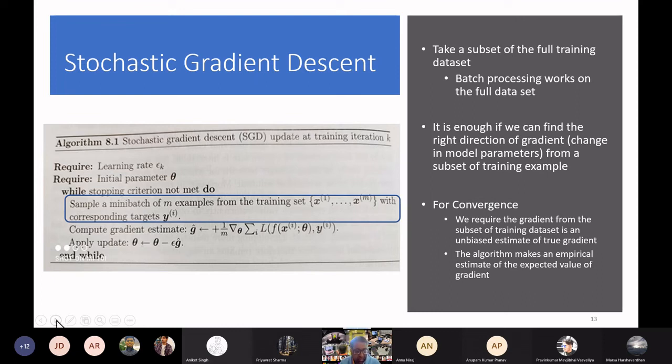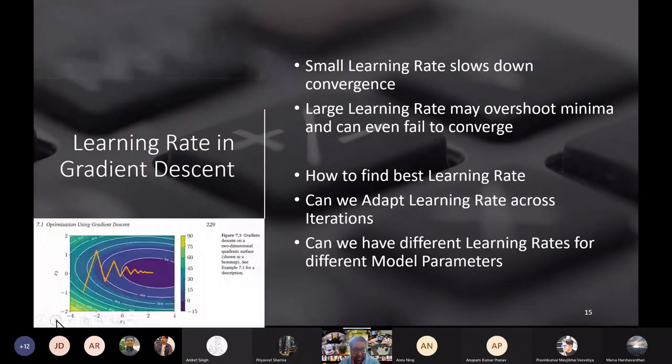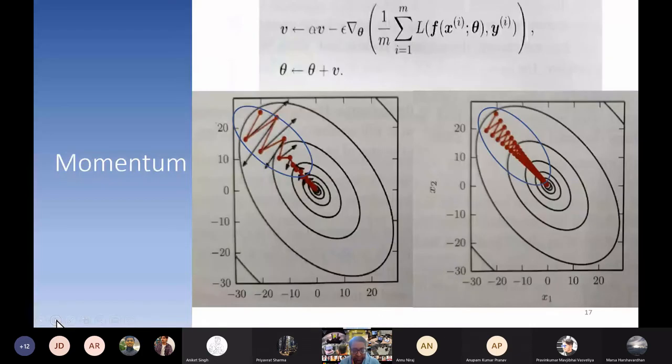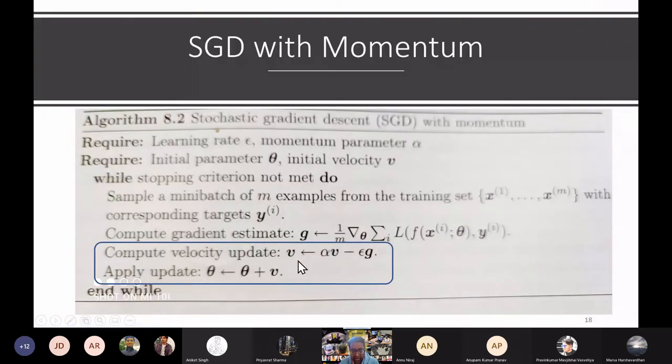But next, let us move forward to stochastic gradient descent with momentum. Here you can see that we are computing this velocity update from the gradient estimate, and then we are changing the model parameters based on this velocity instead of directly from the gradient itself.